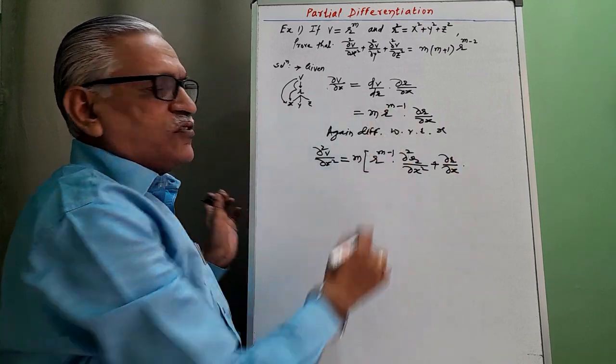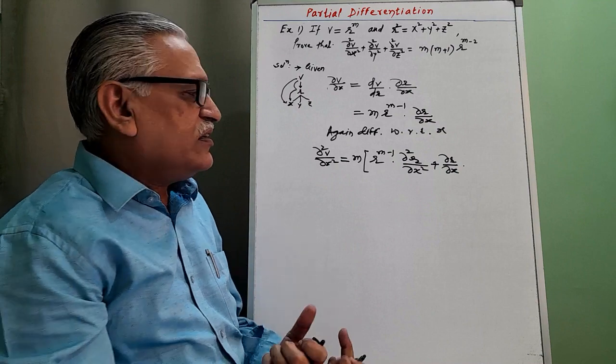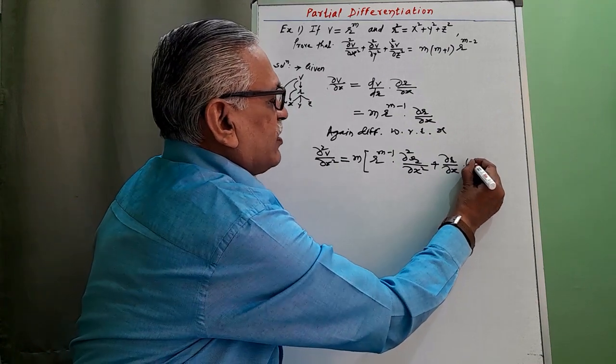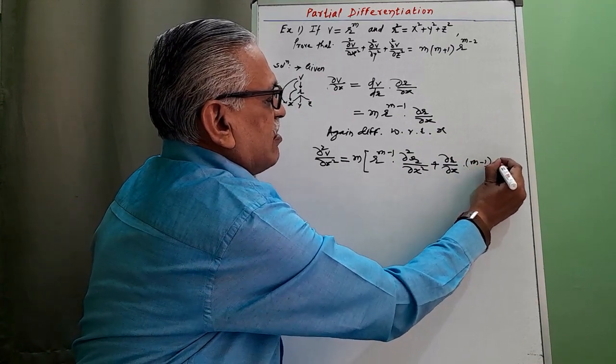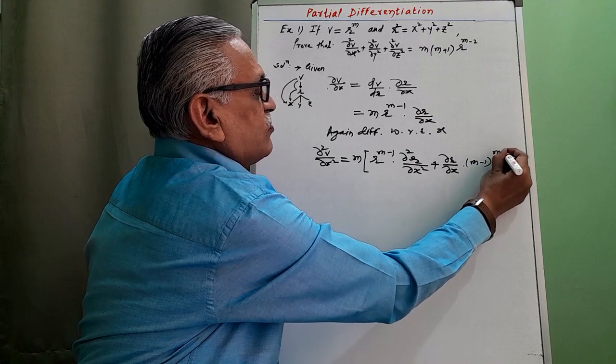and differentiation of r raised to m minus 1 is m minus 1 r raised to m minus 2.